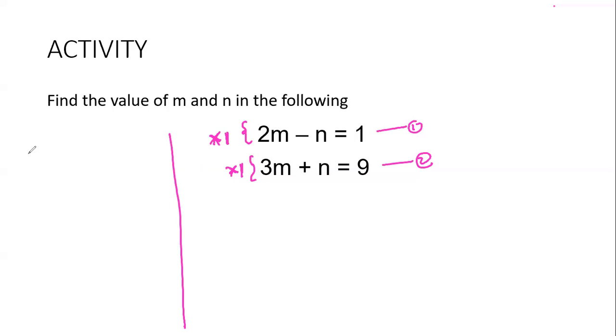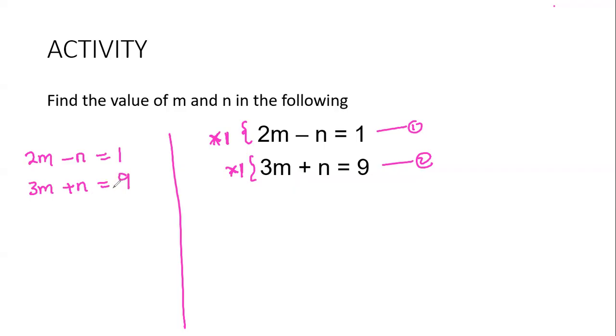Okay, we'll continue. So it is 2m minus n is equal to 1. Then 3m plus n is equal to 9.